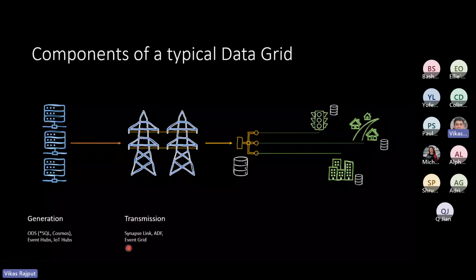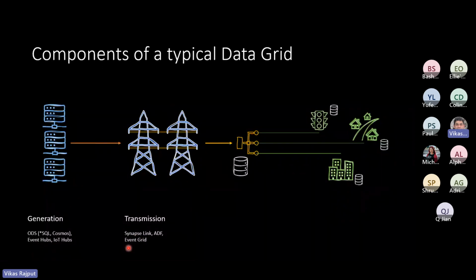An Event Grid is quite literally the grid where these events can be transitioned and transferred and transmitted over to different consumption points, and they can make some decisions on the basis of that and do certain things, right? But the idea is that once they land on Event Grid, it can reach its destination, and then whichever application can interpret that event can do something about it. But that's part of the overall data grid, if I may use that word here.